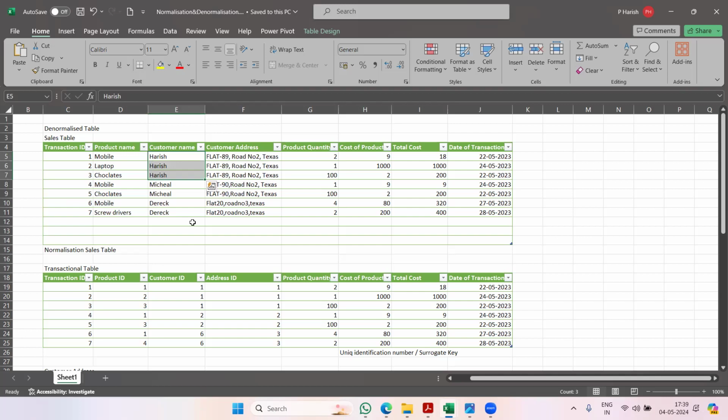Even if Google or Microsoft is providing, they are going to charge us. But what are we paying for? The data we are storing, that is redundant or duplicate data, right? So if you are storing data in a redundant way in a single table, then we call it denormalized.